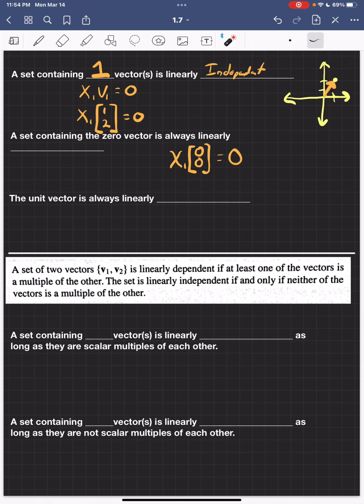Do you agree with me that no matter what you choose for your scalar, anything times the 0 vector is always going to equal 0? You could choose 0 for your scalar, that would be the trivial one. You could choose 1, 1 times 0 is 0. You could choose 2, you could choose 3. You understand that you have more options. In other words, a set containing the 0 vector is always linearly what? Dependent.